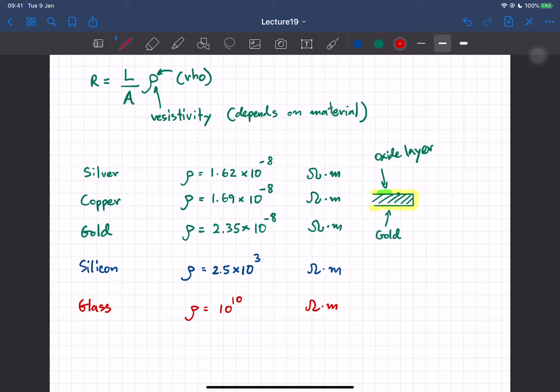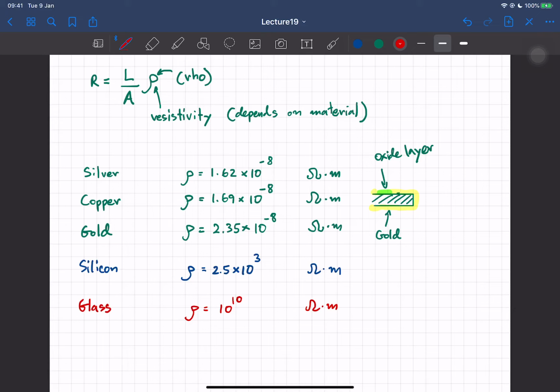So you can see there's a huge range of resistivity for different materials, and some are good as insulators, like rubber, glass, ceramic, all that stuff. Silicon, again, I mentioned, is a very important element because it's a semiconductor, so you can easily control the resistivity by mixing it with some other material.